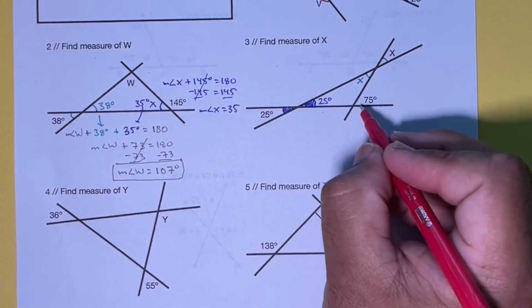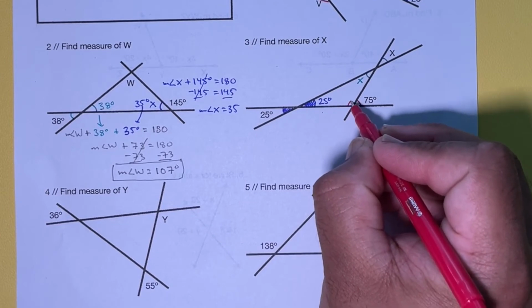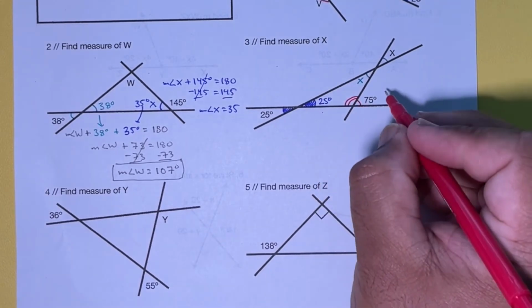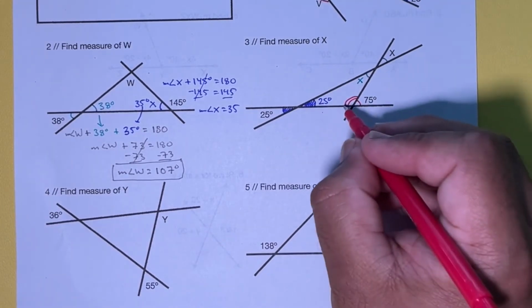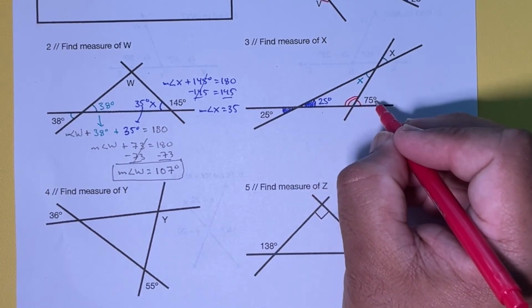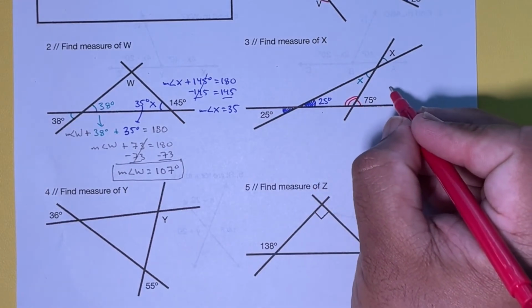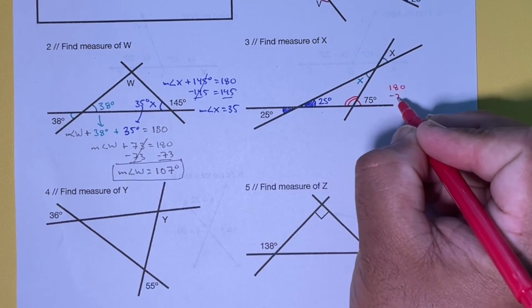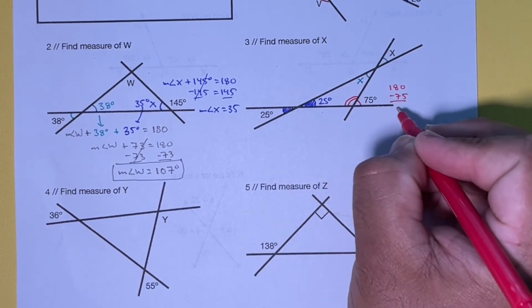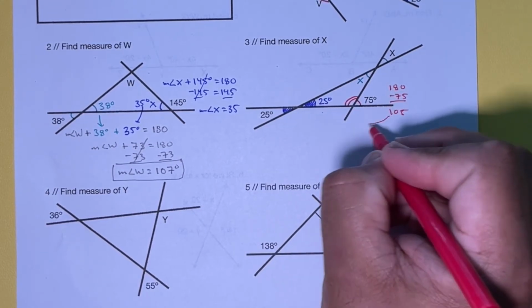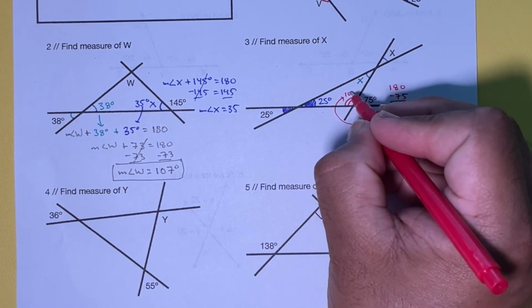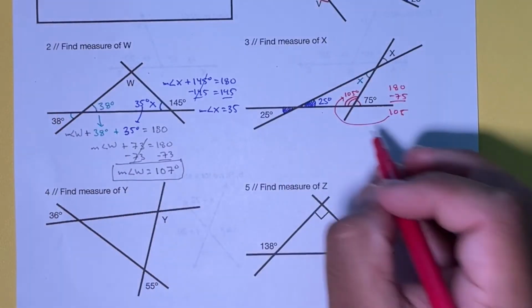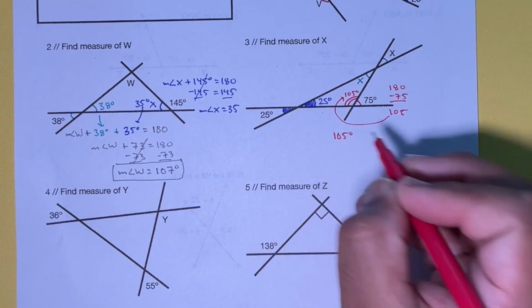However, these are next to each other, so those add up to 180. So 180 minus that 75 will tell me this angle over here. So that's 105.